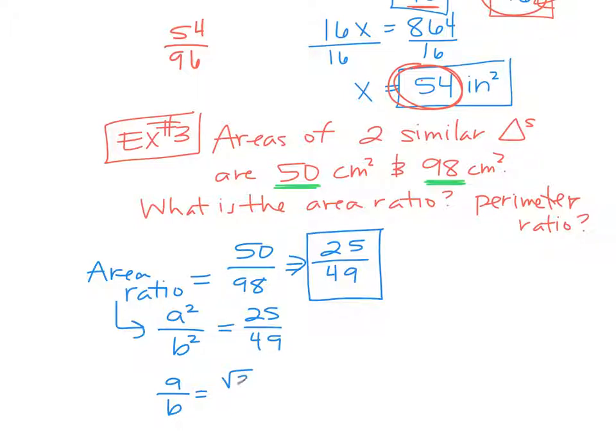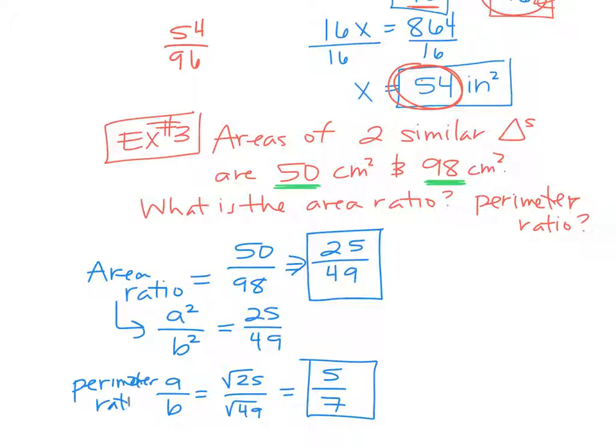So this would be the square root of 25 and the square root of 49, which is 5 over 7, which is your perimeter ratio. Okay, so you're just working backwards on this one. They give you the areas, you reduce them, and then you square root them. Does that make sense?